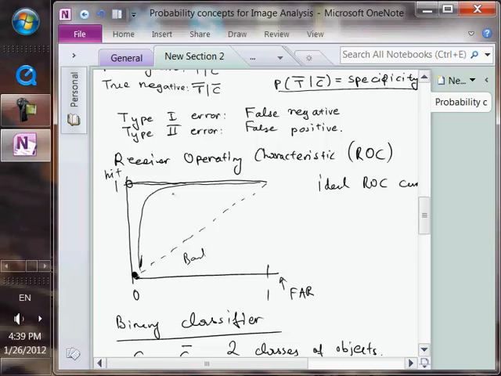So if you really want to compare two systems designed to detect the same condition, the one that gives you the better receiver operating characteristic is the better system. So this is a way to compare non-equivalent systems, essentially.